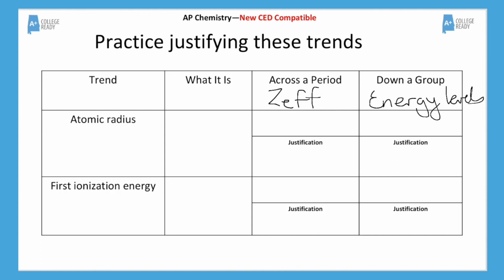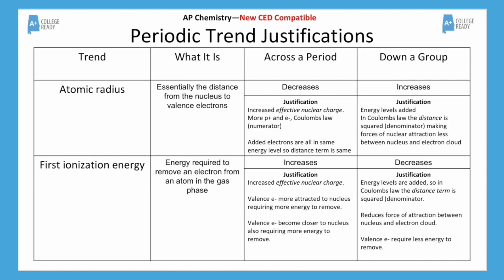So this is more the distance argument when we're talking about a group trend. And then across a period, that is more of the charge.